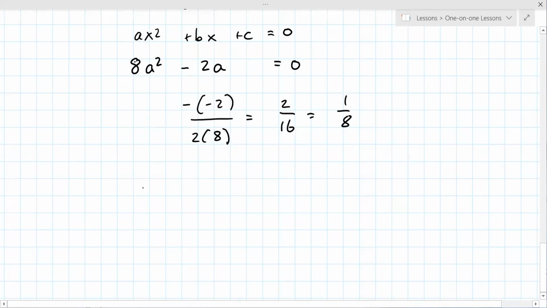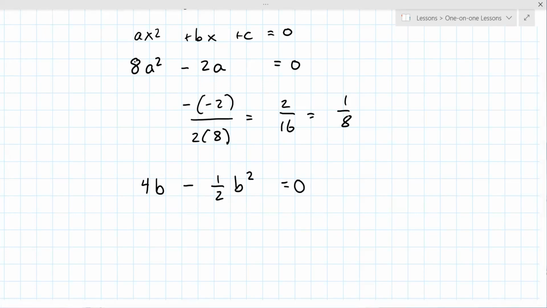It was like, let's go, 4b minus 1/2 b squared. So this is a quadratic in b.